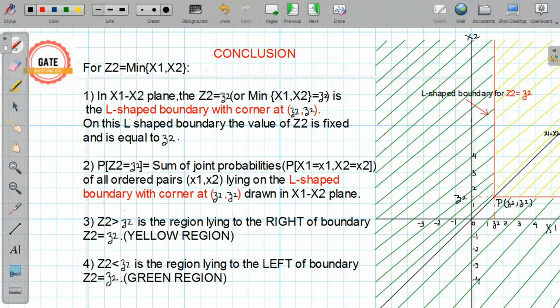Let's see what are the possible values of x1 and x2 for which Z2 is equal to 3. What are the possible values of x1 and x2 in this x1 x2 plane for which Z2 is equal to 3?